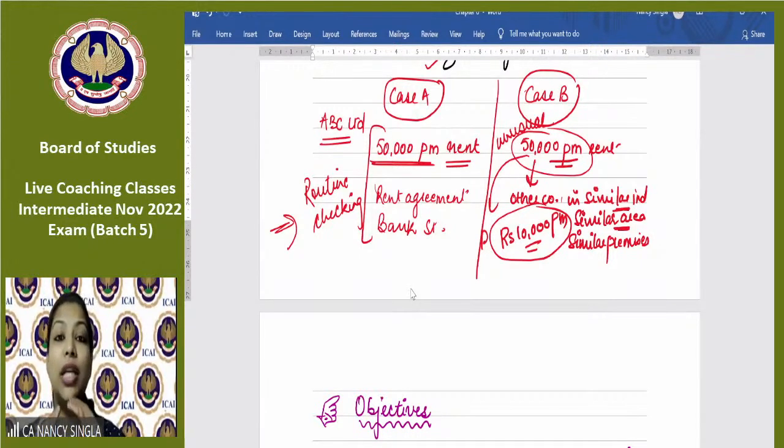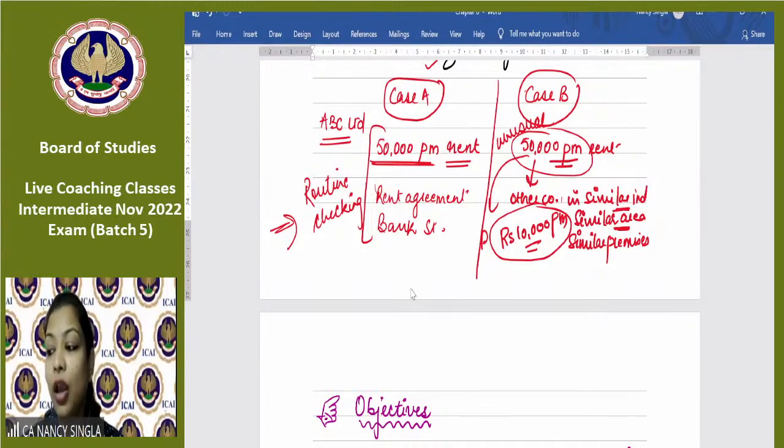So when the auditor is comparing the rent which has been paid by the client with the rent which has been paid by other companies in the similar industry for similar area, he is doing what? He is performing one of the analytical procedures.